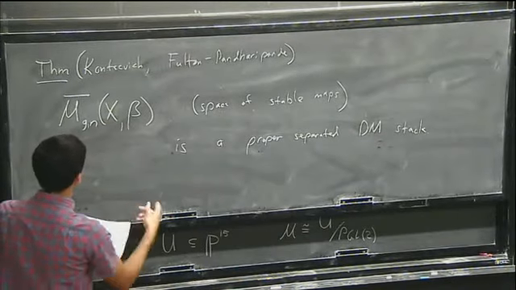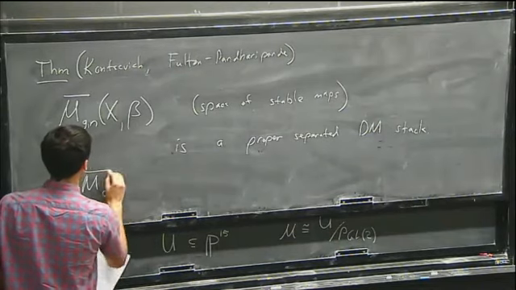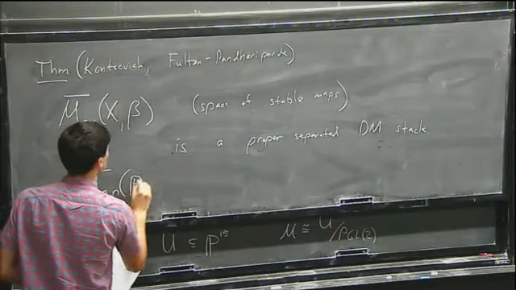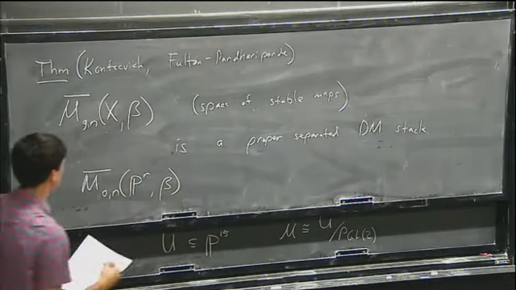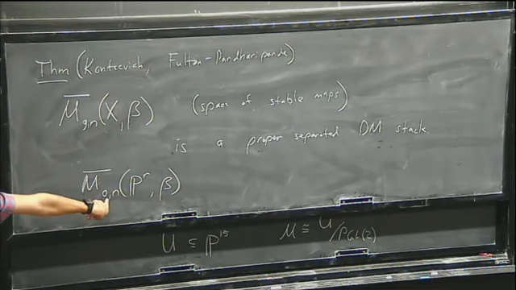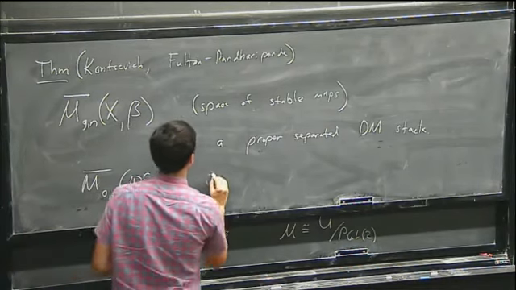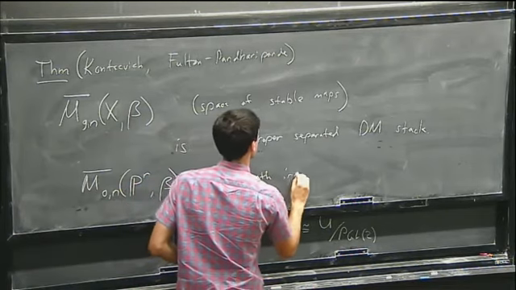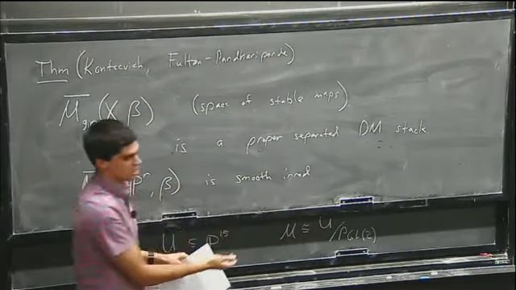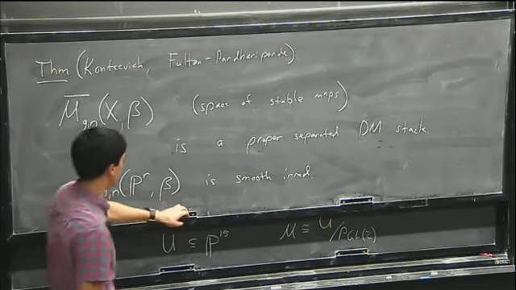And furthermore, a nice special case, not a special case of this theorem, but a thing that's true about the special case where we're in genus 0, mapping to projective space. This is smooth and irreducible. So it's actually a smooth orbifold. It's kind of the nicest thing you can possibly hope for.